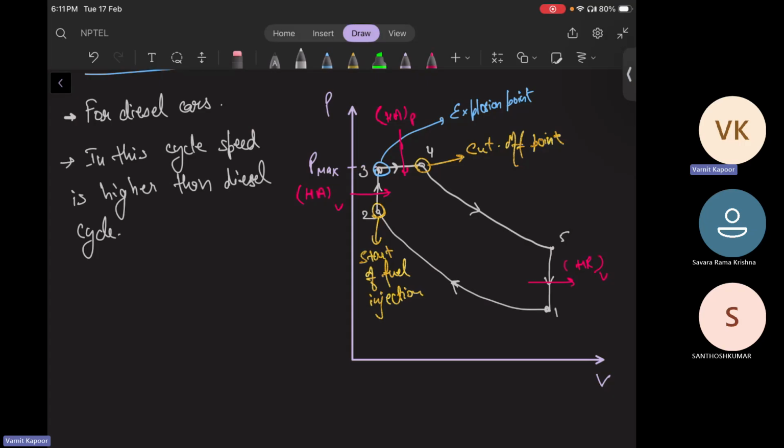The compression ratio will be higher. Any process ratio is nothing but higher to lower, so it will be V1 over V2. V1 is here, and V2 is at this point.